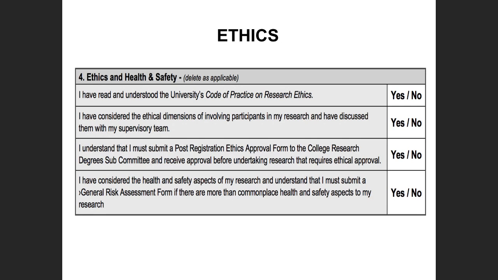you have to fill in the post-registration ethics form. Now, what happens is that you fill in the form, it goes to the local committee in your college, and the local committee considers it, and they say, well, this has been well worked out. They've considered all the possible ethical issues. It's fairly low risk. It's fine.